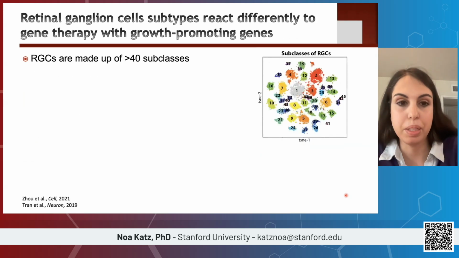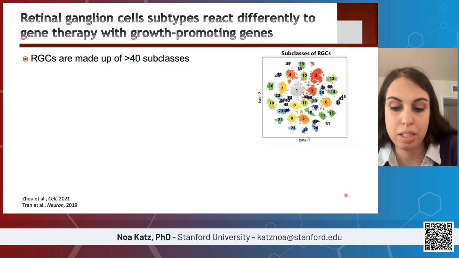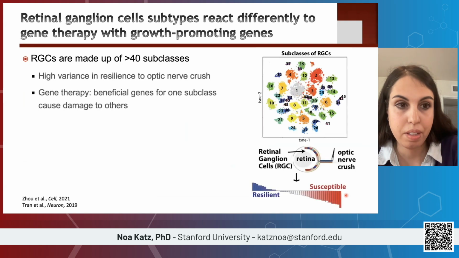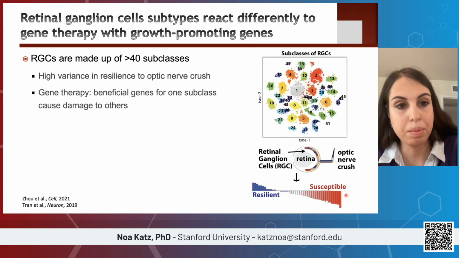Unfortunately, it's not as simple as that, as RGCs are actually made up of over 40 different subclasses, as you can see here in this RNA sequencing-based clustering. Each one of these subclasses has very high variance in resilience to optic nerve crush, as can be seen here.